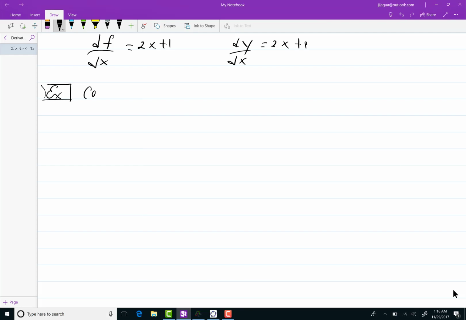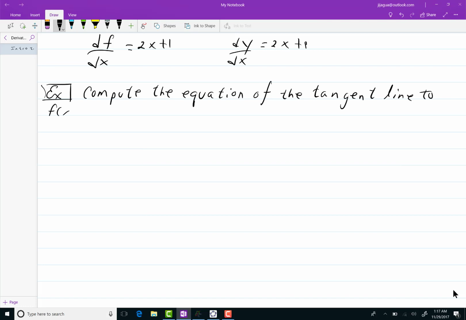Compute the equation of the tangent line to f of x equals x squared plus x plus 1 at x equals 4.